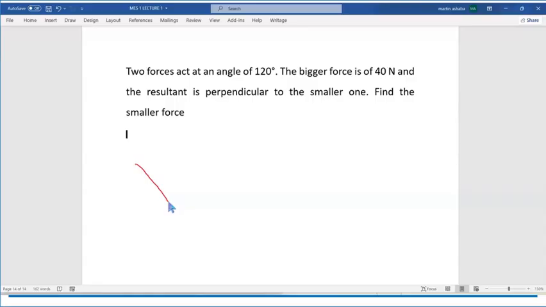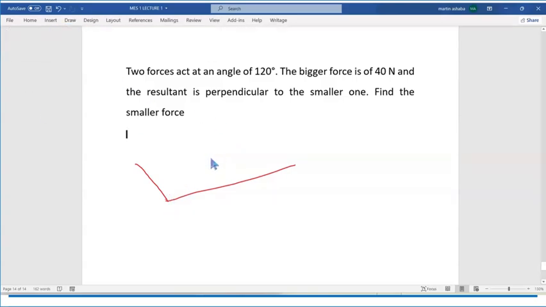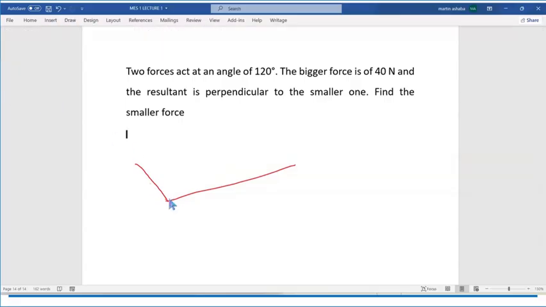So that means we can draw our parallelogram, and let's give a shorter side and a longer side. This is going to be the resultant.